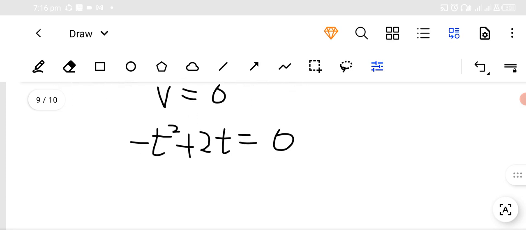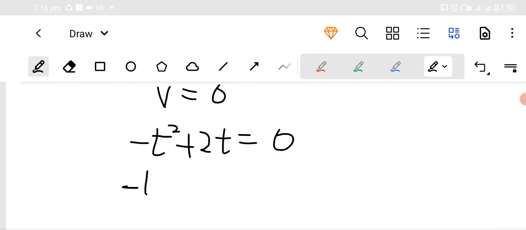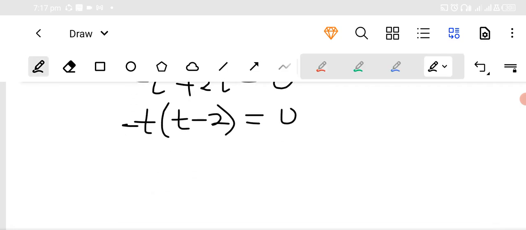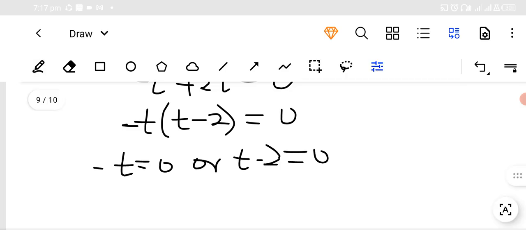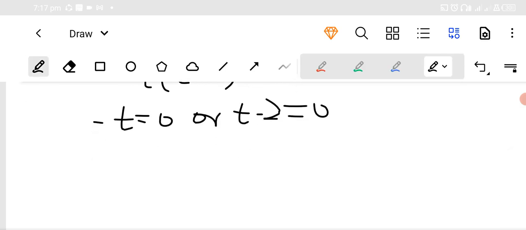So we can factor out a negative t, while you have a positive t minus 2, is equal to 0. So negative t is equal to 0 or t minus 2 is equal to 0. So it means t is equal to 0 or t is equal to 2.